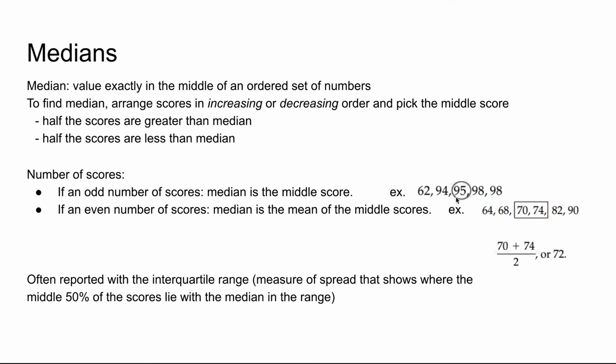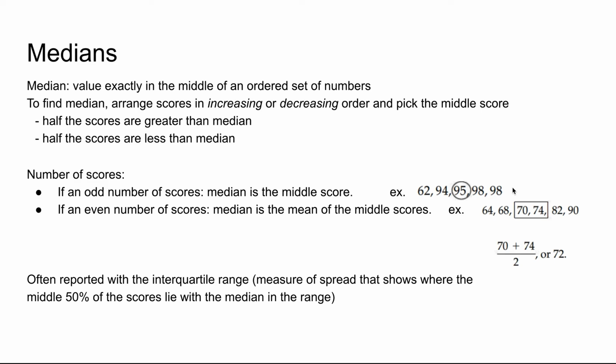When you have an odd number of scores like this, we have 1, 2, 3, 4, 5, then the median is exactly right in the middle. So it's evening out. You have exactly the same number of values on the opposite side.